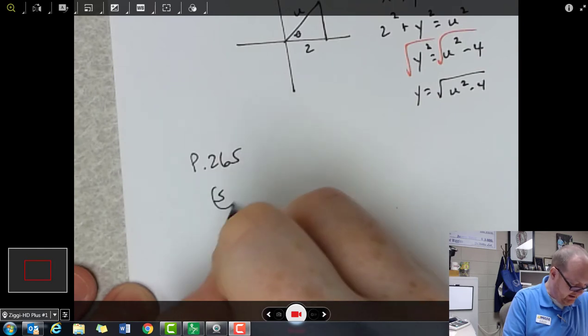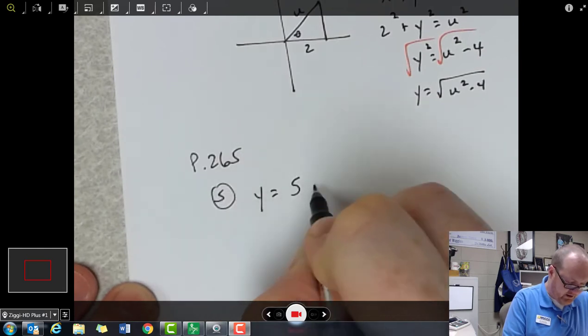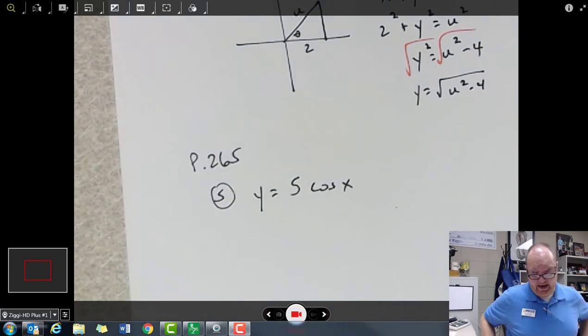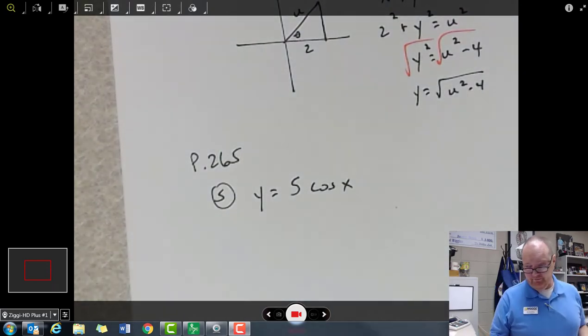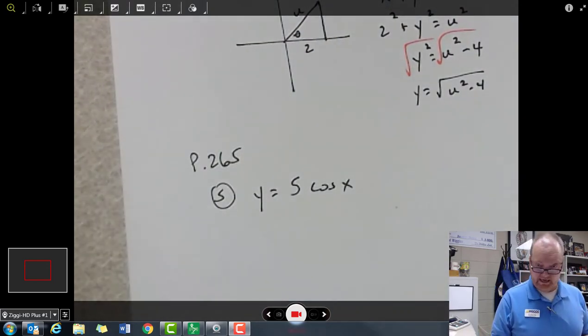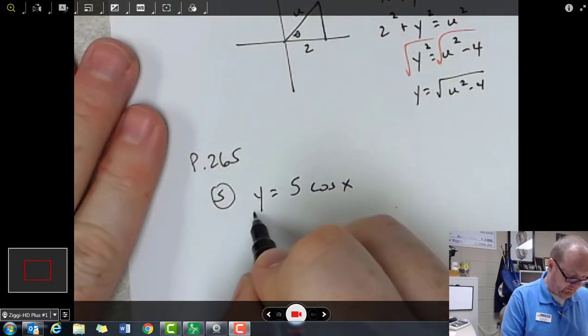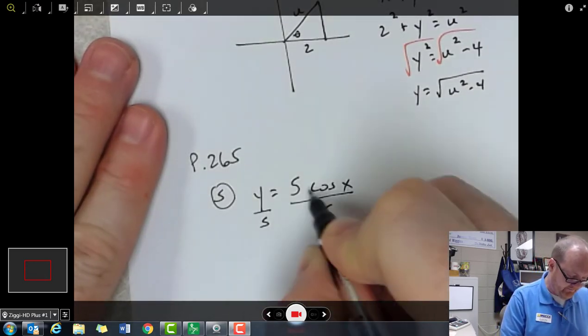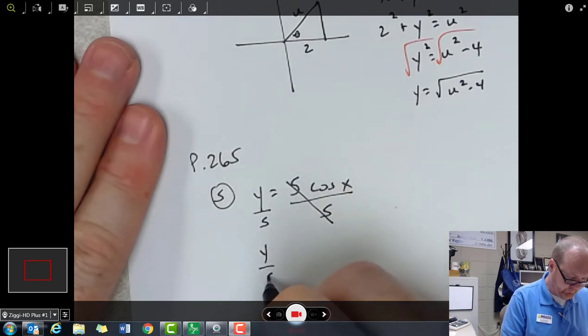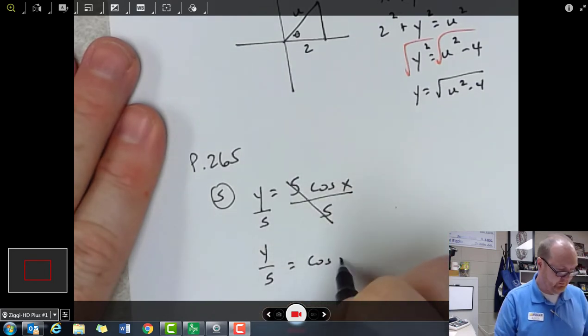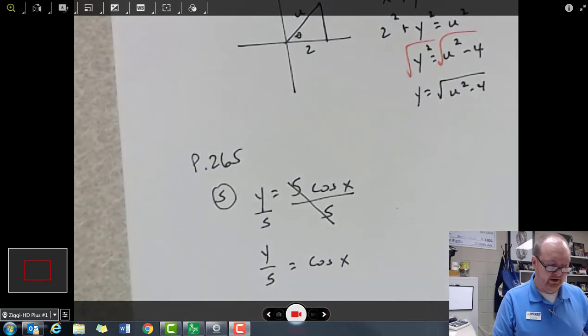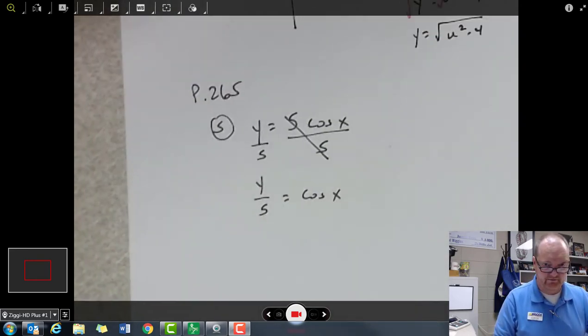Beginning with number 5, we have y is equal to 5 cosine of x. And again, you don't have to write out all of these steps every time, but let's just think about getting x by itself. That was the goal. So to begin with, I can divide both sides by 5. And then to get rid of the cosine function, I've got to take the inverse cosine of each side.